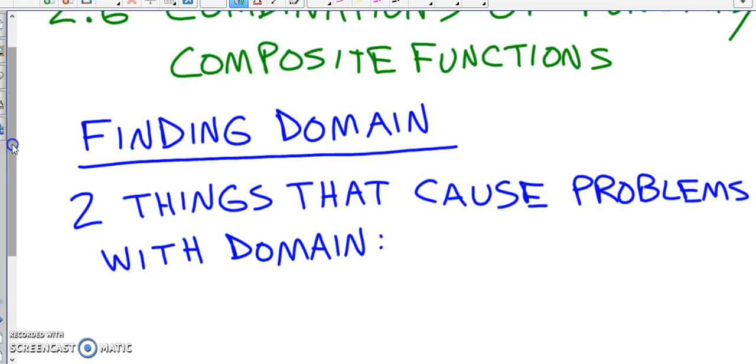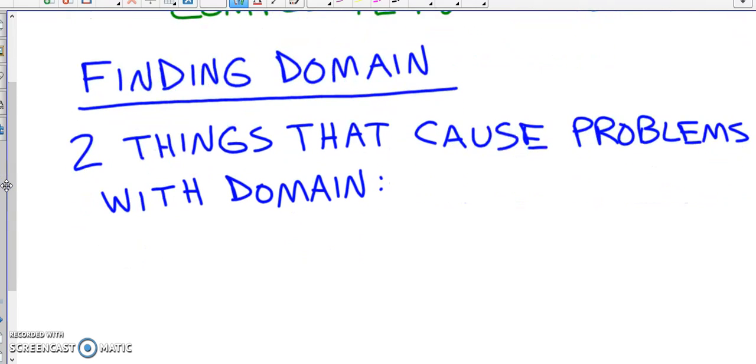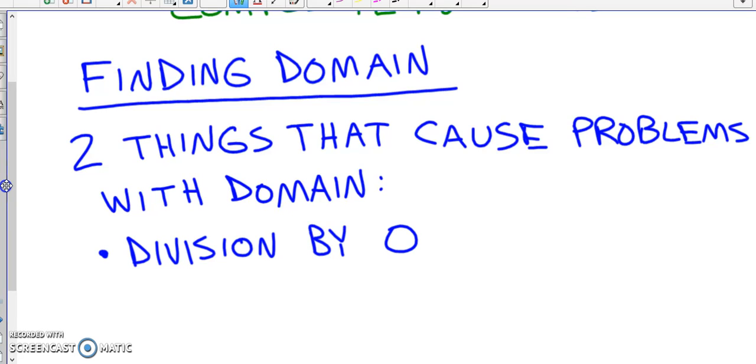You guys remember what they are? Division by zero. You can use your imagination for the other one.